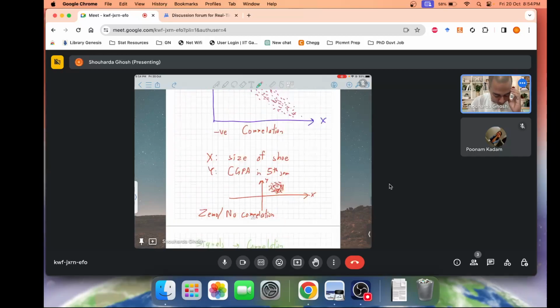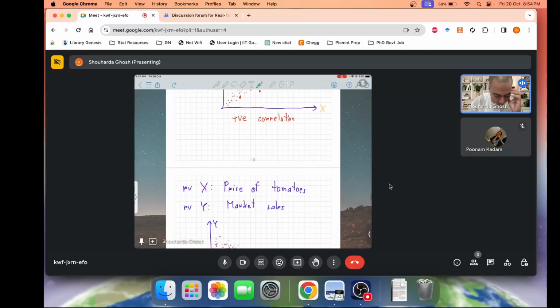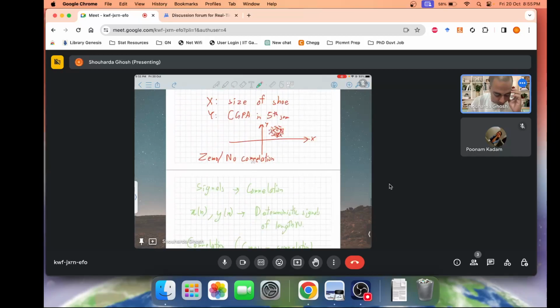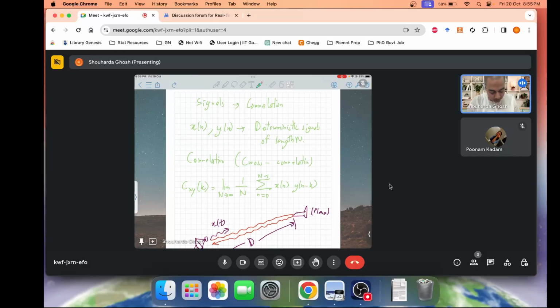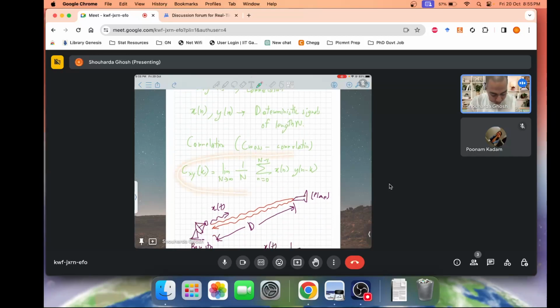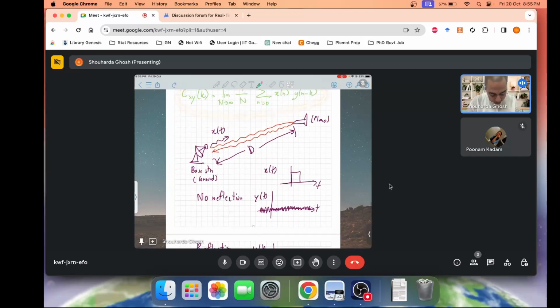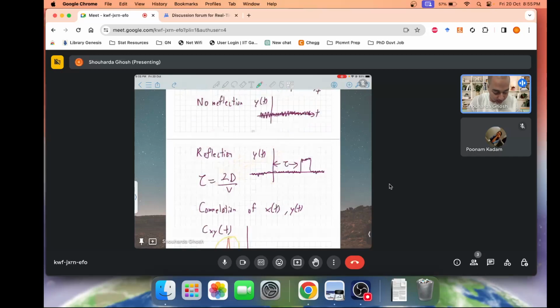For example, we showed over here positive correlation, negative correlation, zero correlation. Then for deterministic signals, this was the important formula. We gave an example of radar, how radar signals are detected using correlation filters.